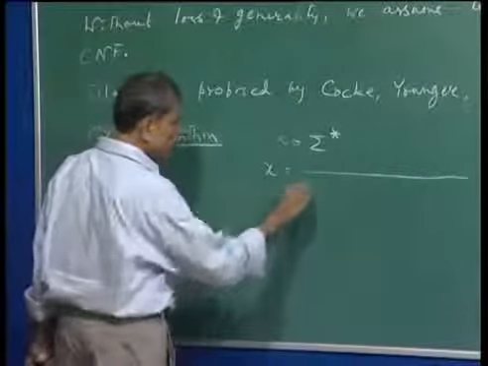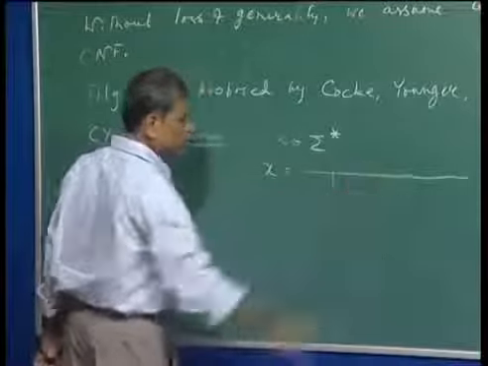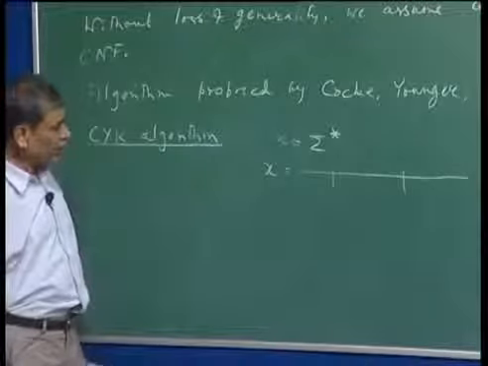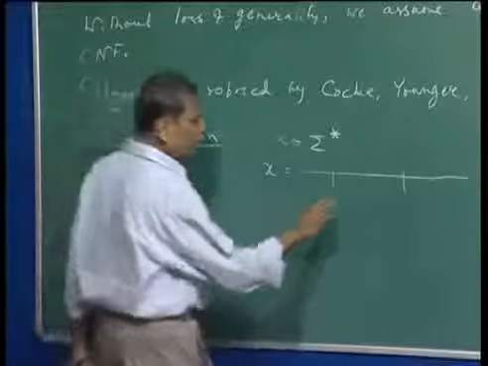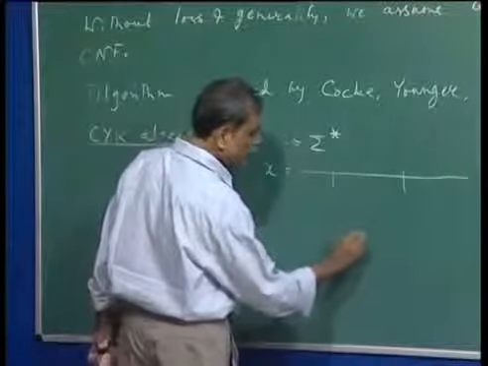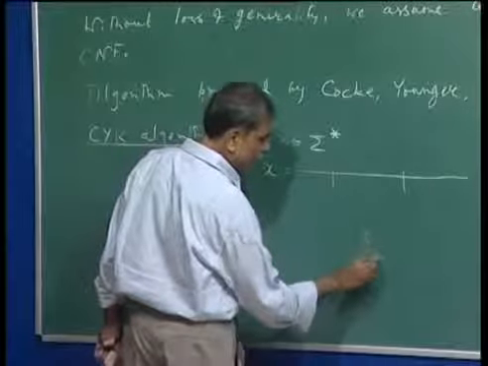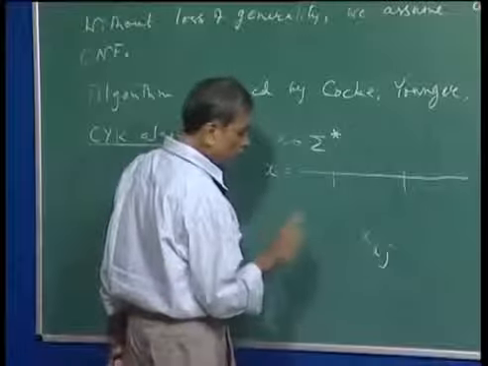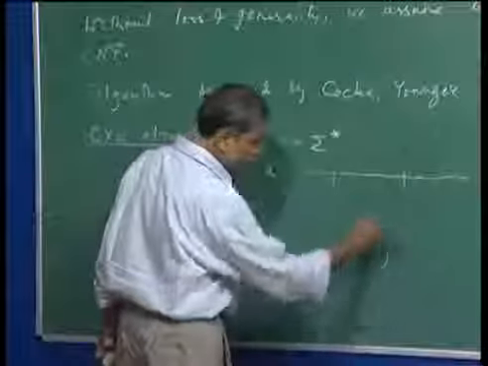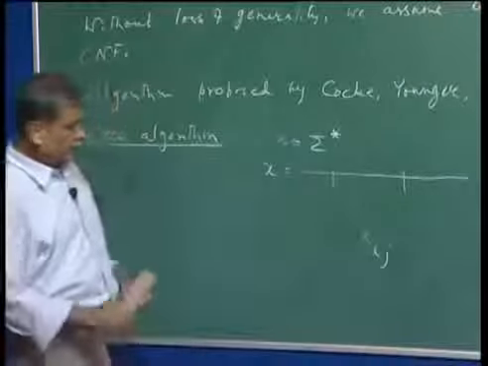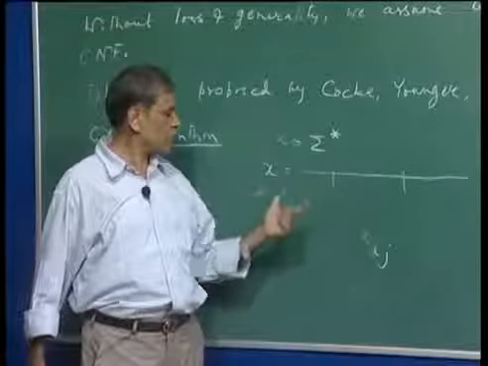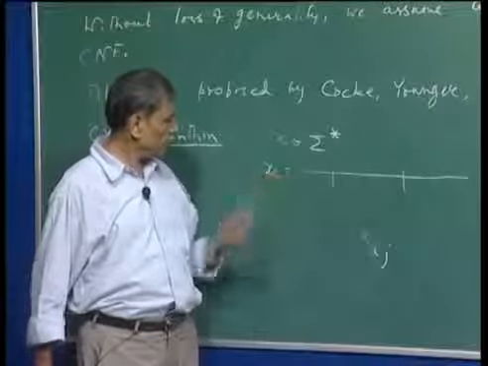And let me identify various portions of this string. Let me call this part Xij. What is this way of naming a contiguous substring of the string X?